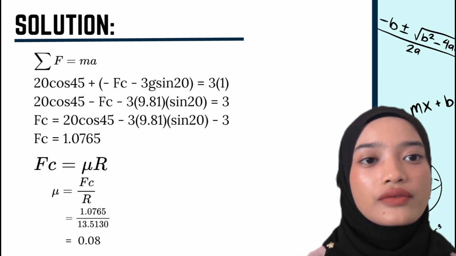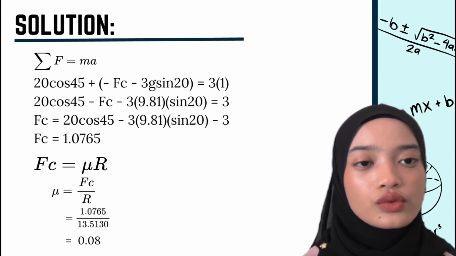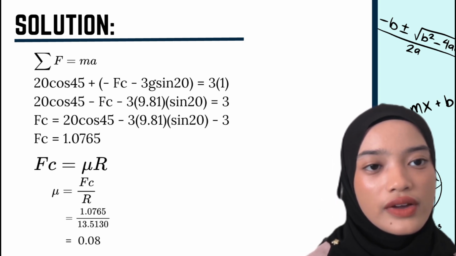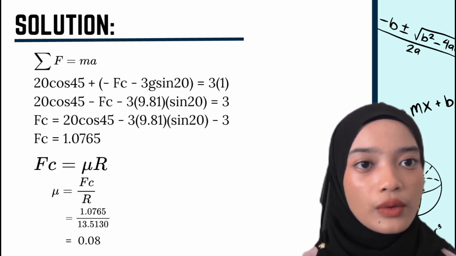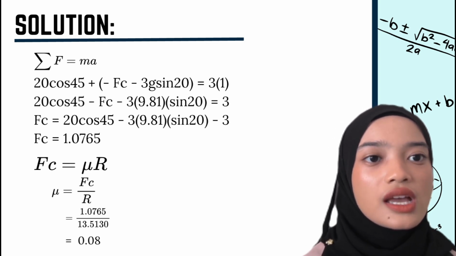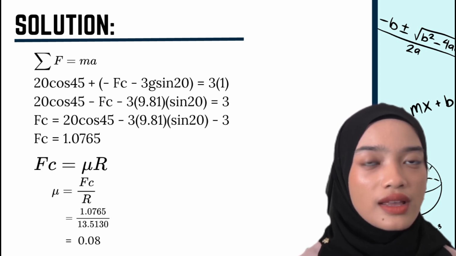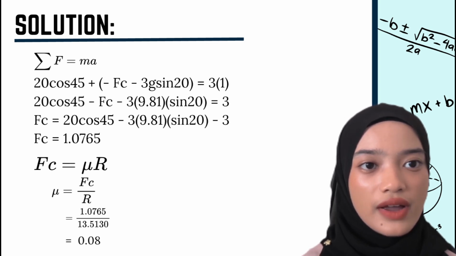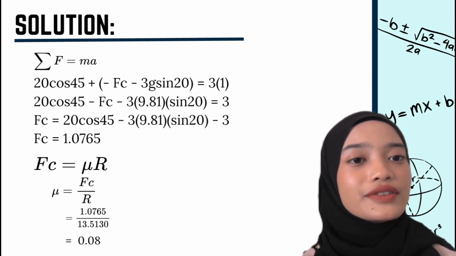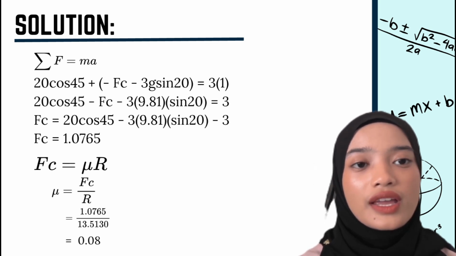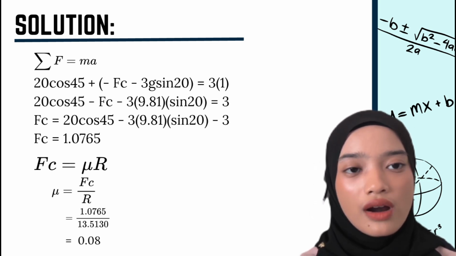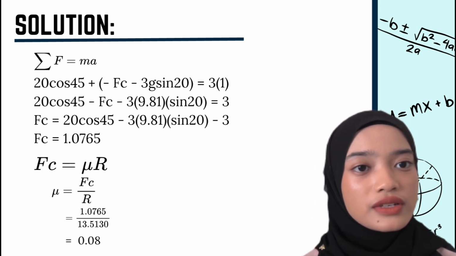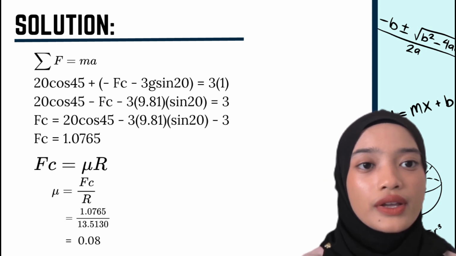Hence, we can get the value of Fc equals 20 cos 45 minus 3 times 9.81 times sin 20 minus 3. Hence, Fc equals 1.0765. Fc is the frictional force that we can get by multiplying mu with R, where mu is the coefficient of friction and R is the normal reaction.